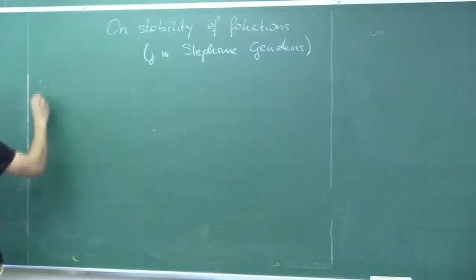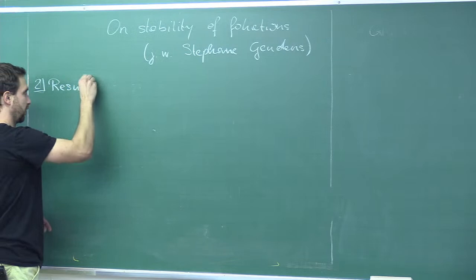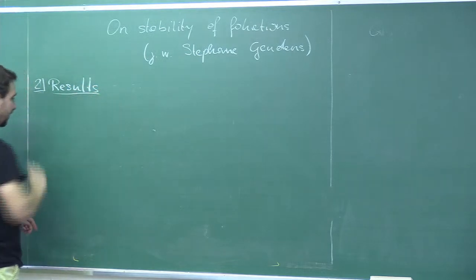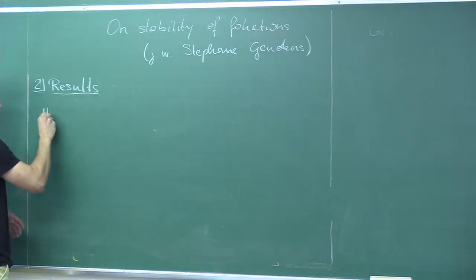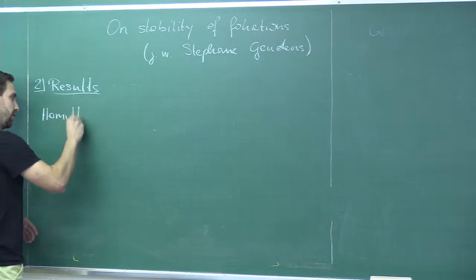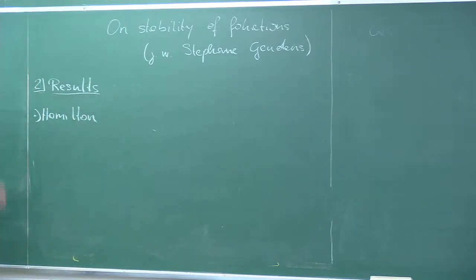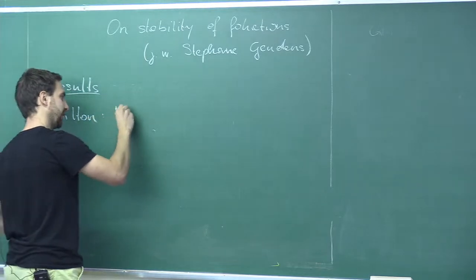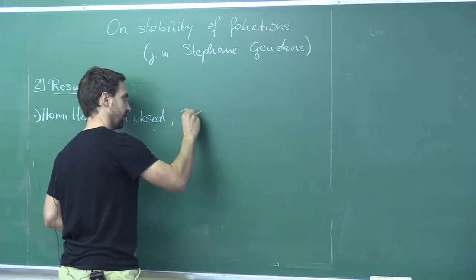Right, so let's talk about some results. There are a couple of results in the literature which I want to mention here. The first one is by Hamilton, which is actually unpublished, and states the following. We have our manifold which is closed, our foliation which is Hausdorff.